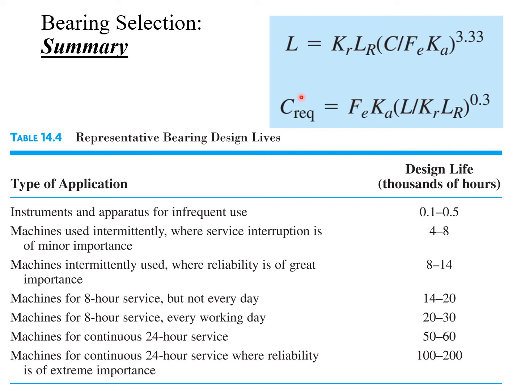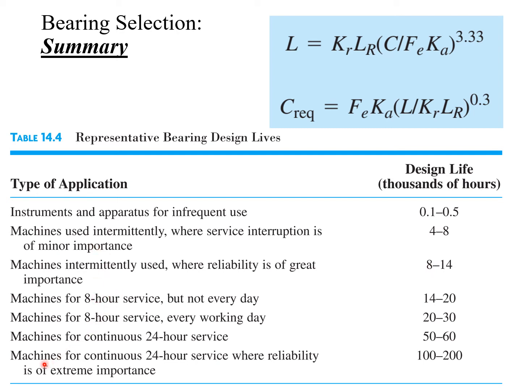Now, we mentioned life over here, for example. If we want to solve for how big that component needs to be, I need to tell it how many revolutions I want it to last. And this is where table 14.4 comes in handy. This table helps us know what the design life should be for a bearing operating under various conditions.